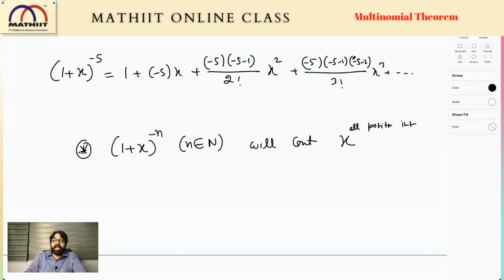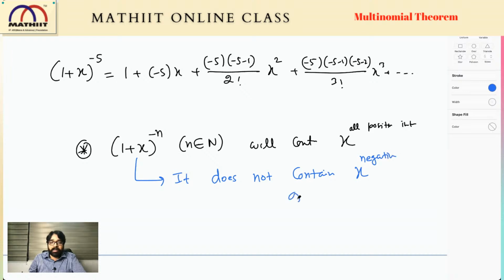So every power will come. But at the same time, one more thing should be noted, and this point is going to be used very carefully: it does not contain x power negative or x power fraction.